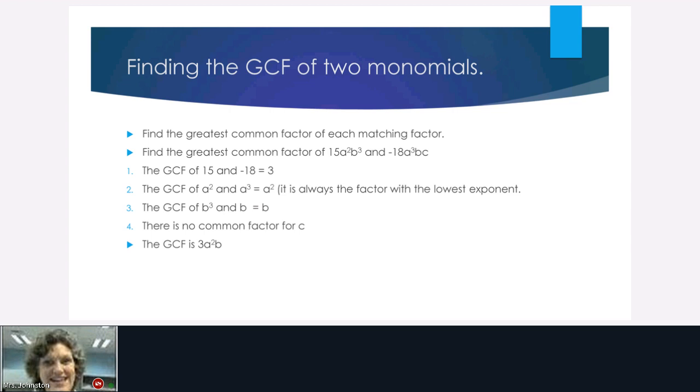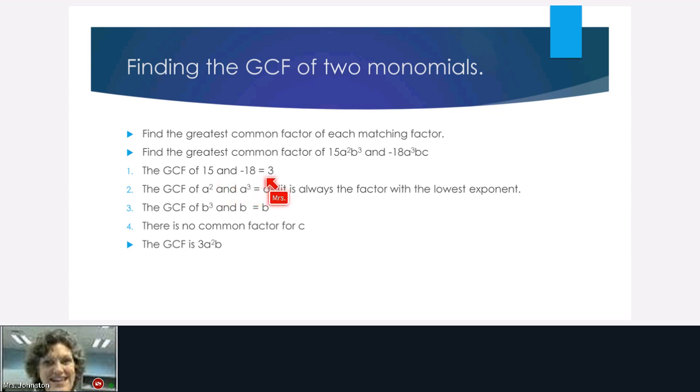One way that makes it easy to divide by a monomial, or knowing what to divide by, is to find the GCF, or the greatest common factor. Now, you've learned in previous years about how to do this with numbers. 15 only has factors of 1, 3, 5, and 15.